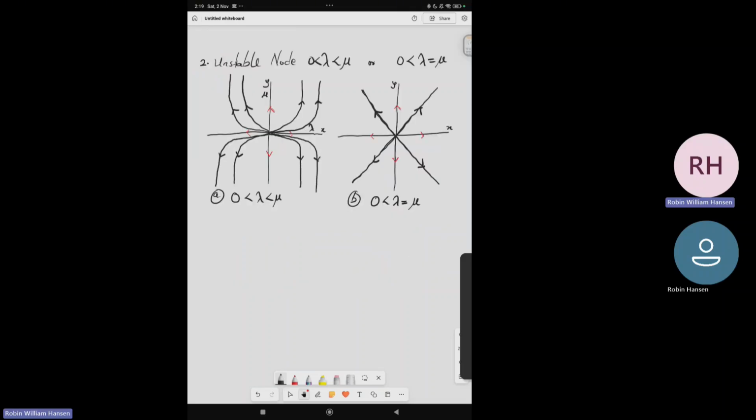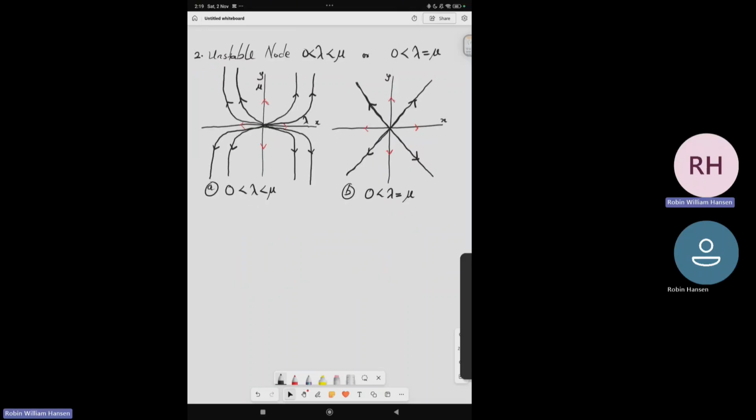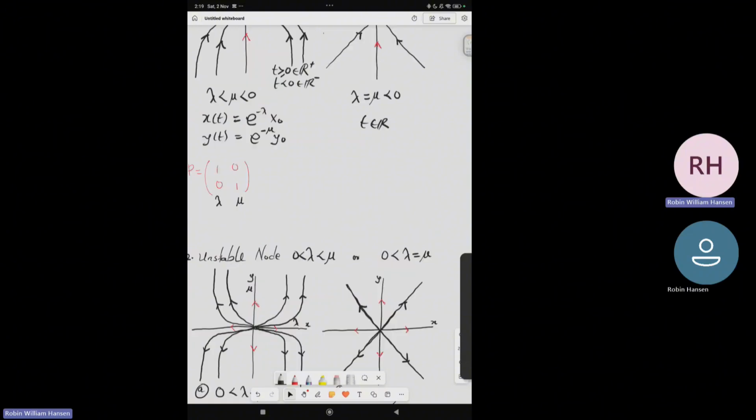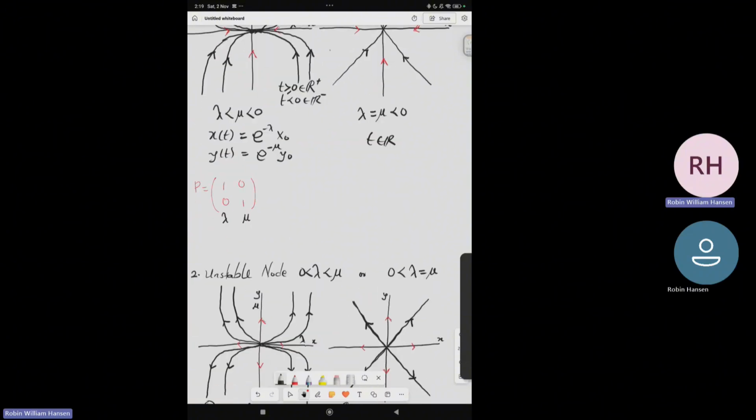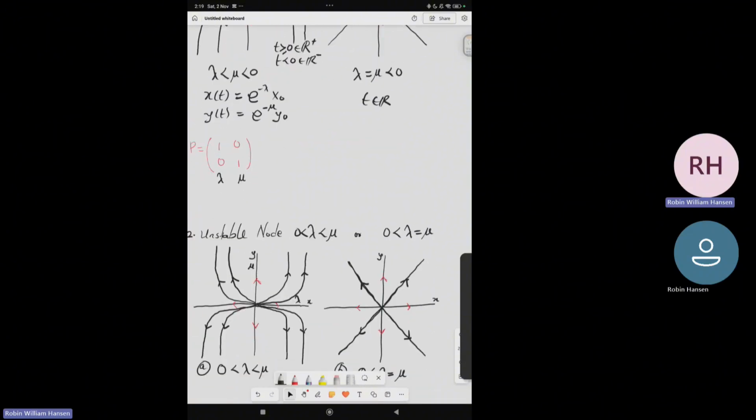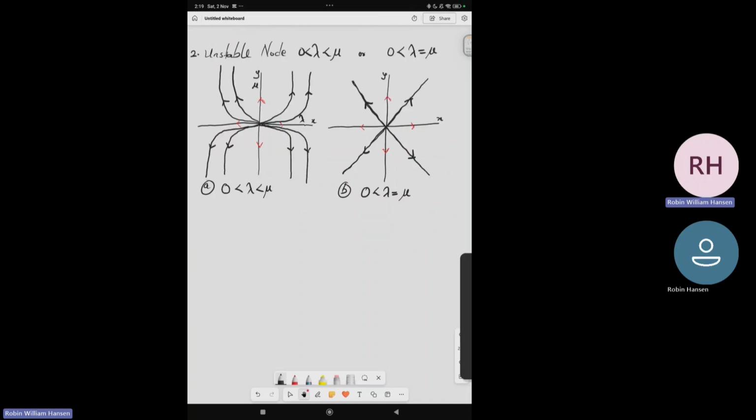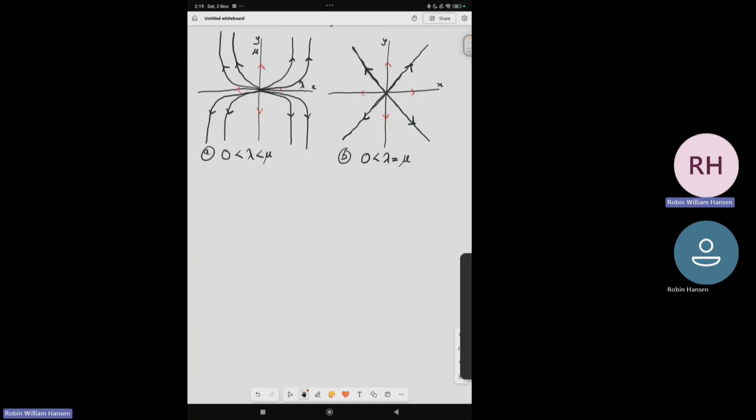Some of you might be thinking that this is the same as the one I drew above. Yes, it's because of where I placed my mu and my lambda. If this is my coordinate plane, we have our y and we have our x, and mu is this and lambda is this.